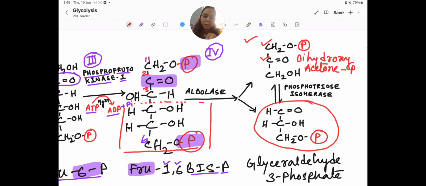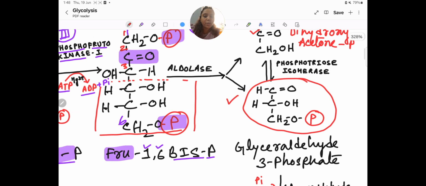So we cleave fructose 1,6-bisphosphate into two 3 carbon compounds. The first is dihydroxyacetone phosphate, and the second is glyceraldehyde 3-phosphate. This carbon is the fourth carbon here. It will become an aldehyde, HC double bond O, because we are breaking this bond here, so one hydrogen is attached to this carbon. It's an aldehyde.